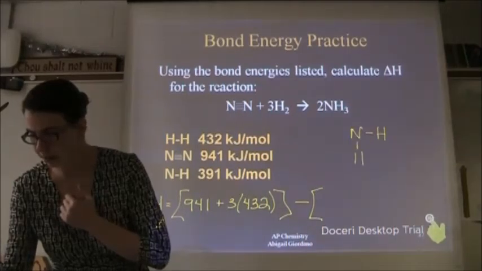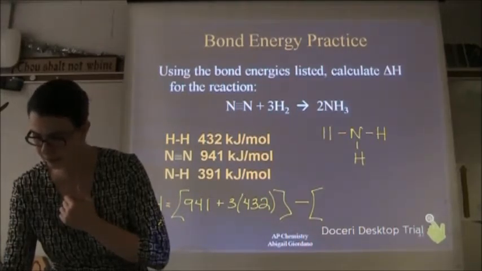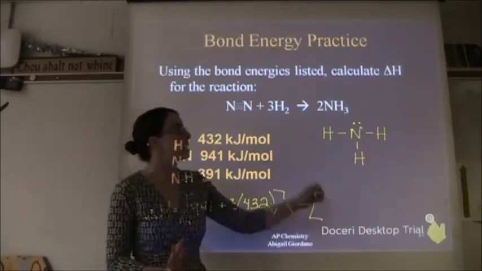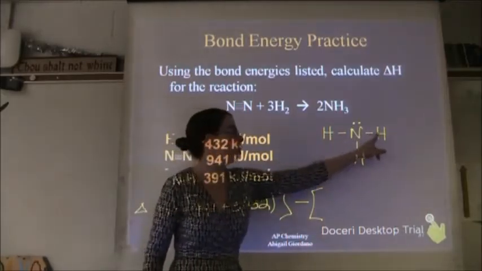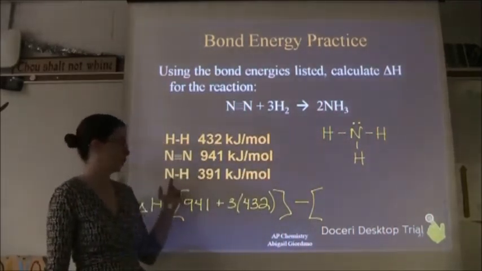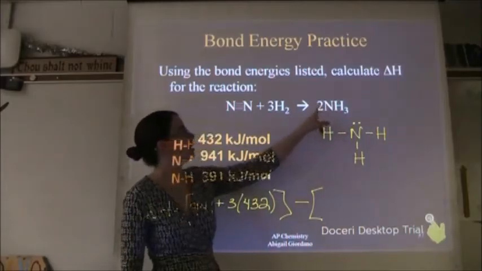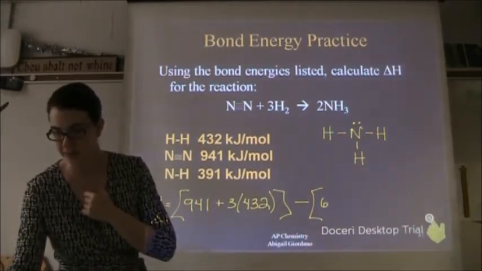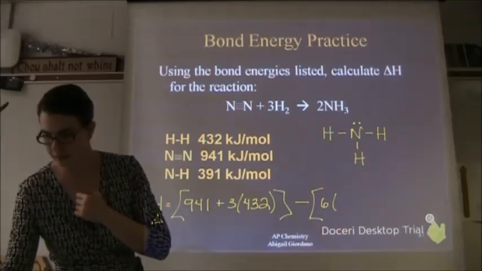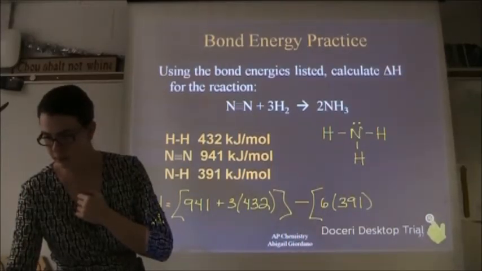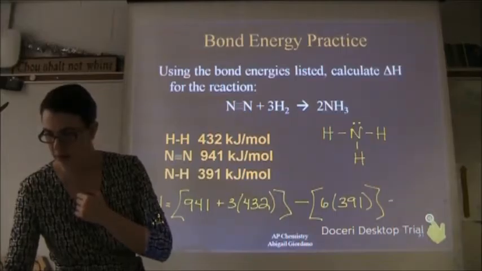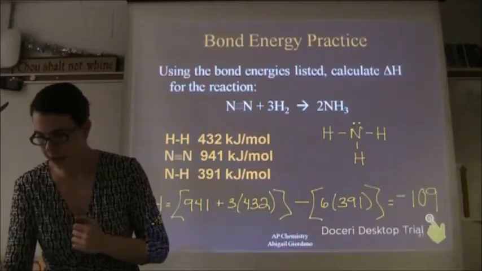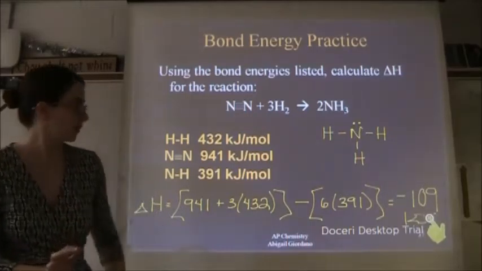We just drew it out a moment ago, or I did. Each individual ammonia has 1, 2, 3 of those bonds. 3 times 2. So there's 6 of them. Okay. Put that all together, and you get negative 109 kilojoules.